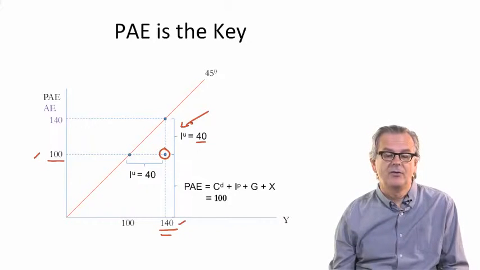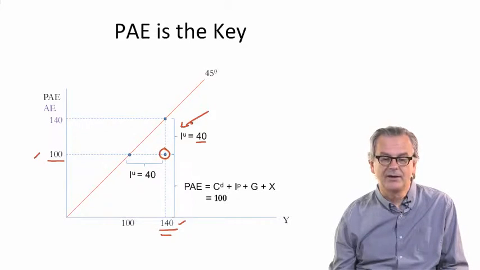And so those 40 units of inventory will be recorded as unplanned investment. And so that's why in this diagram I've recorded that as I for investment with a superscript U. It's not what firms thought would happen, but it's the reality that firms now have to deal with.